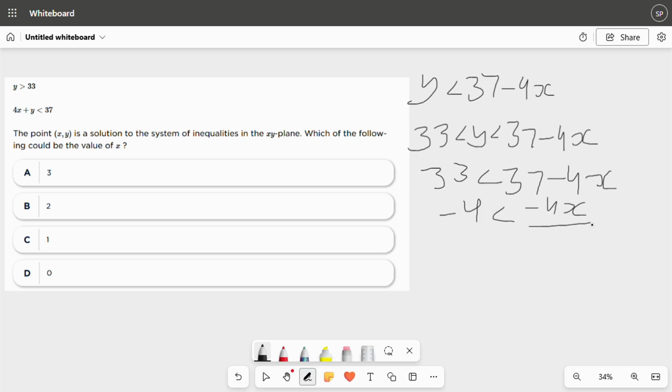And then we can divide by minus 4 on both sides. And remember to change the inequality sign here. It'd be 1 is greater than x. So let's see. If 1 is more than x, that means x is less than 1. So out of these choices, D is the answer, which is 0.